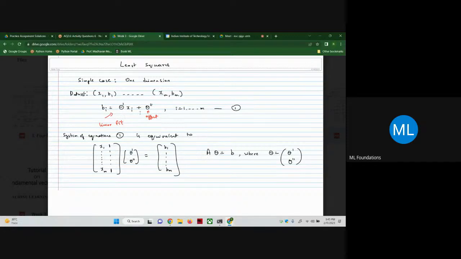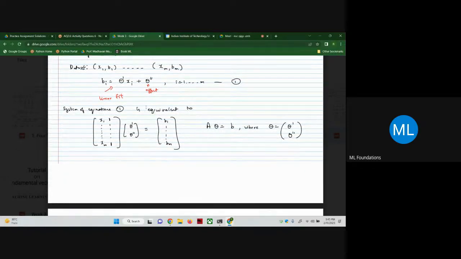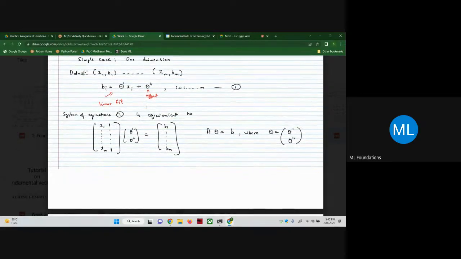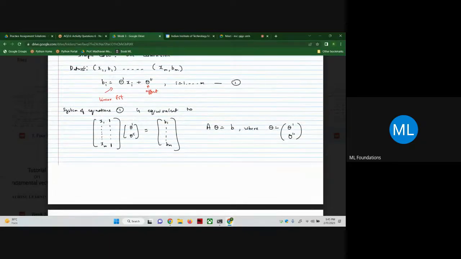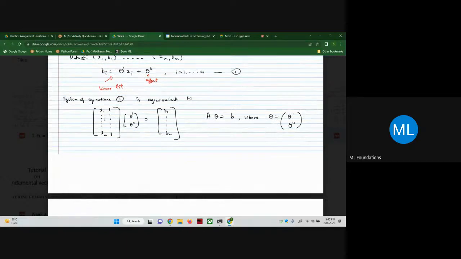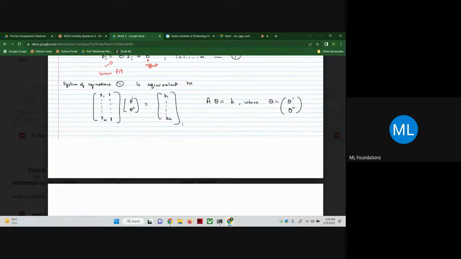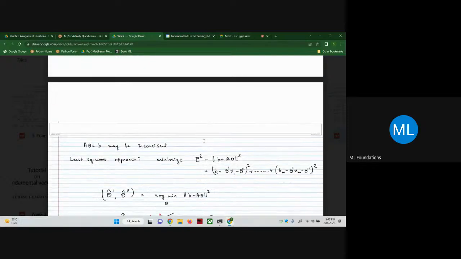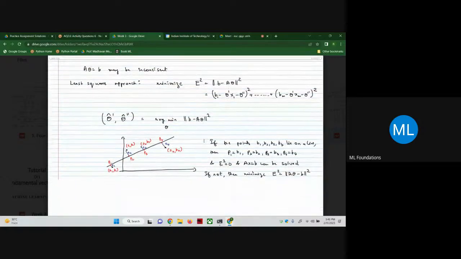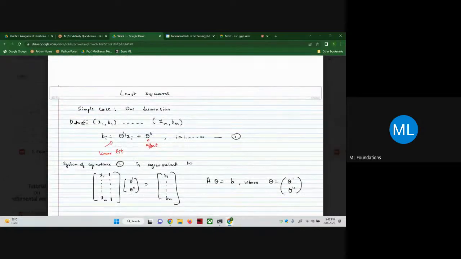To get these exact values, you rewrite it in matrix form, A theta equals b, and try to find the theta which gives the least error. This theta 1 x plus theta 2 is actually a linear line.